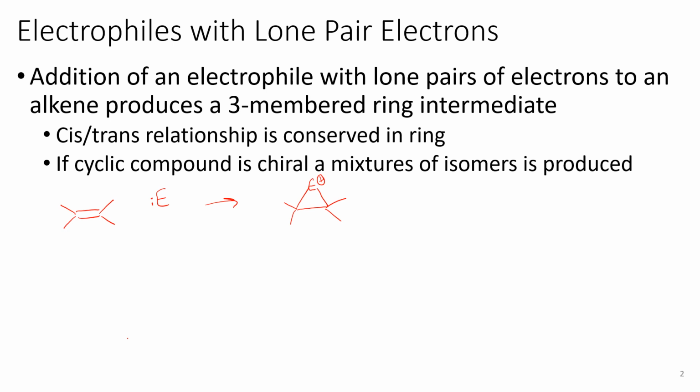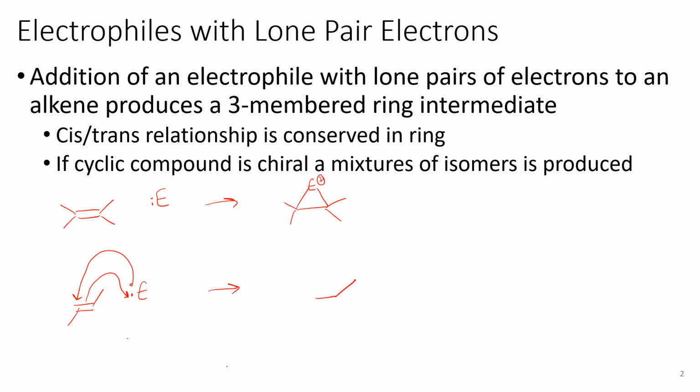If we look at this in terms of a mechanism, what we are going to see is the nucleophile will attack the electrophile, but then those lone pairs of electrons are also going to come back in and attack one of the carbon atoms as well, because those lone pairs of electrons are now going to be electron rich.